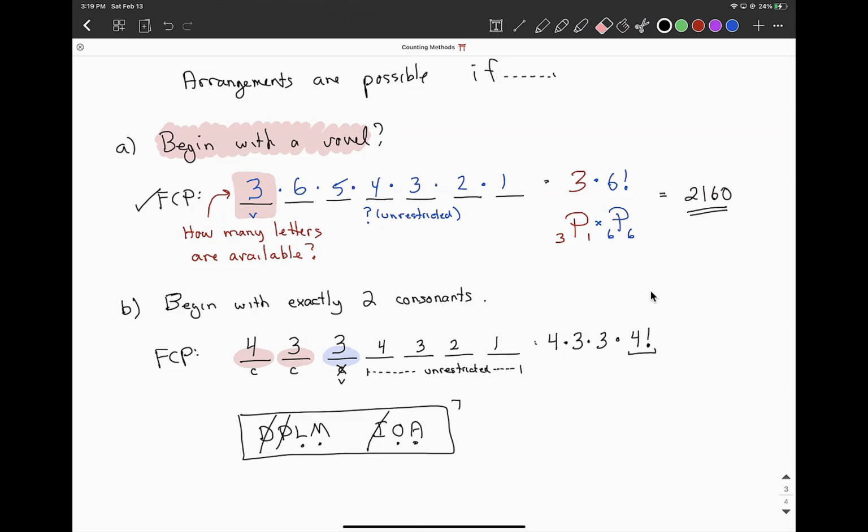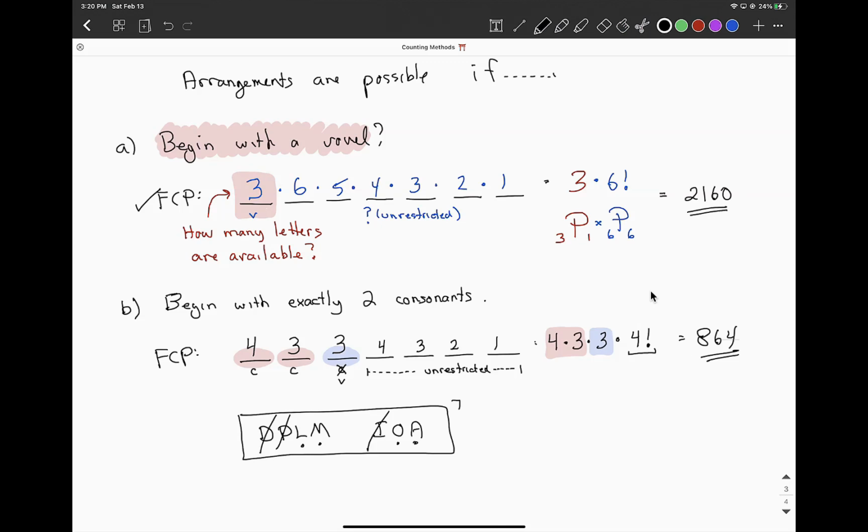This is still just whole numbers. 4 times 3 was the consonants, almost a full countdown but not quite. There were 3 vowels, no countdown there, no need to use a factorial, but 4 times 3 times 3 times 4 factorial does eventually give me a total answer of 864 for that very specific question type and restrictions.